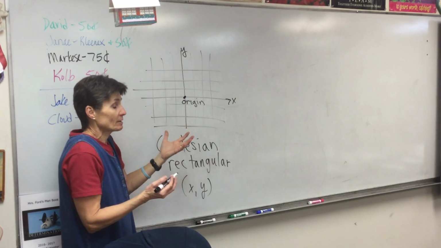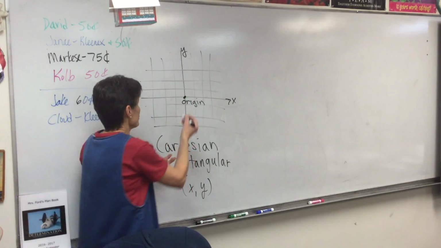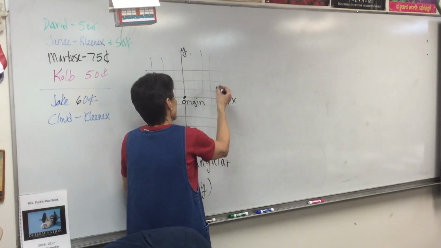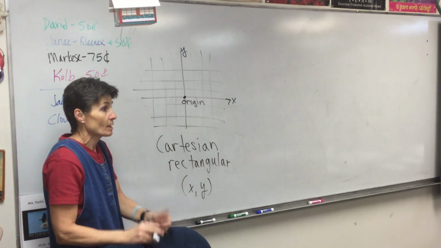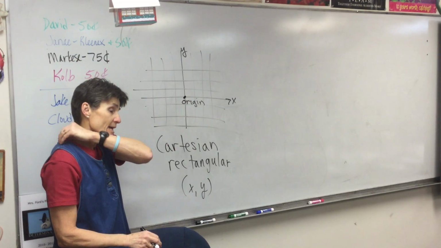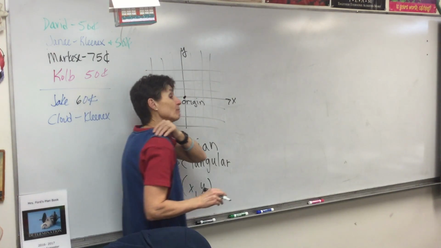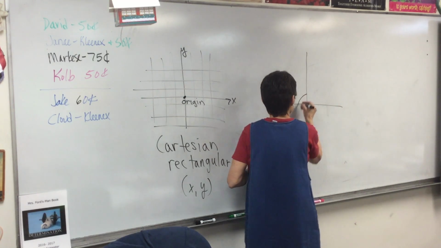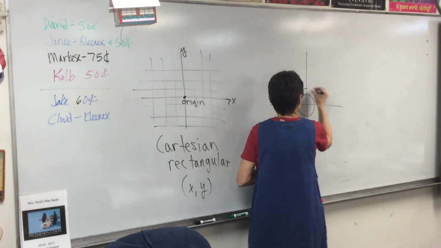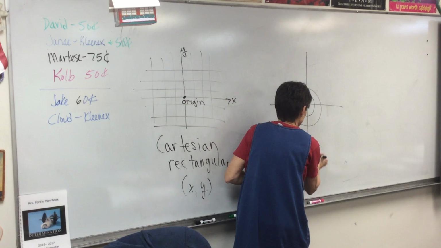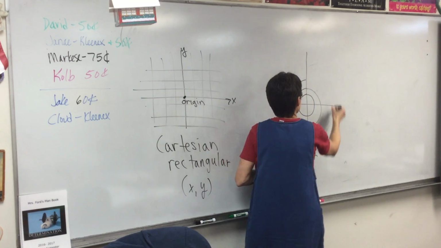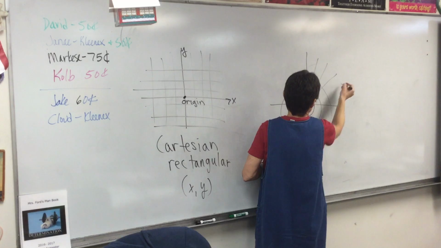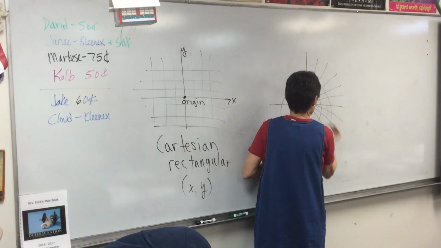If I said let's plot the point 3 comma 1, you would count over 3 and up 1. Well, today we are introducing a different coordinate system. It is called the polar coordinate system, and it is a circular system, okay?